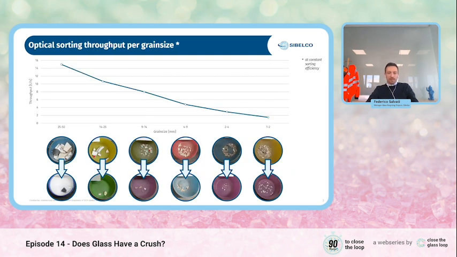The effect of particle size distribution is very evident if we plot it against the sorting throughput in an optical machine. You can see that in the very coarse fractions, let's say if the pieces are bigger than 14 millimeters, it's quite easy to get very high throughputs in the area of 10, even 15 tons per hour on a single optical sorter.